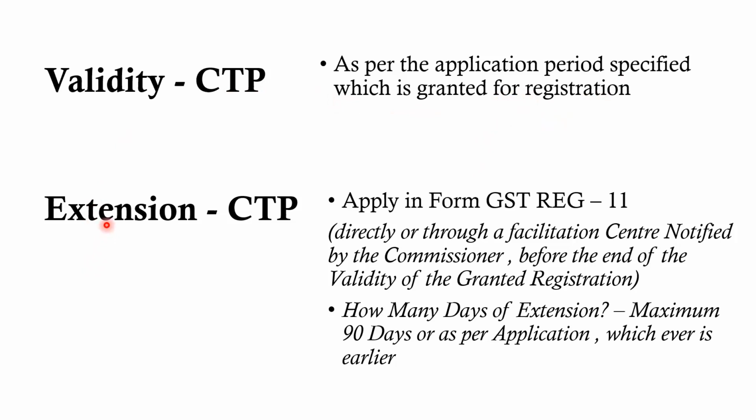For the casual taxable person, one has to apply using the form GST REG-11. Here also, one needs to remember that it can be submitted directly or through a facilitator.